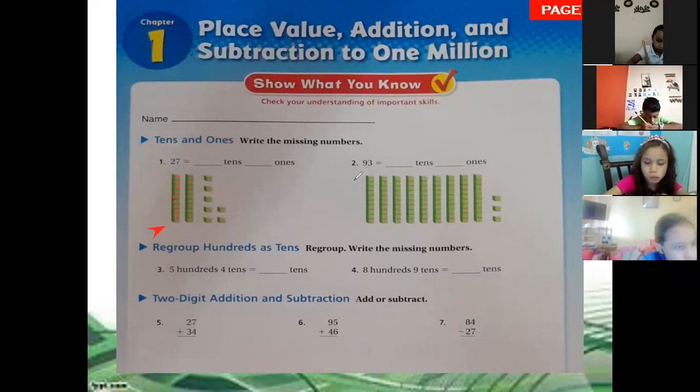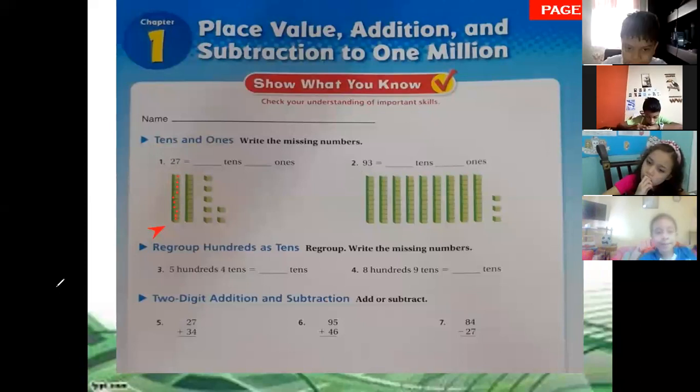So it's a base ten block because it is divided into 10 pieces. This block represents 10 units. And this other one has another 10.